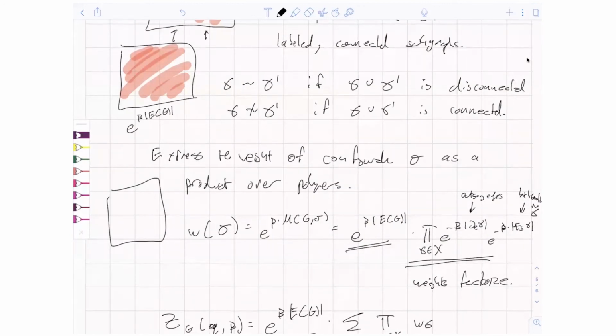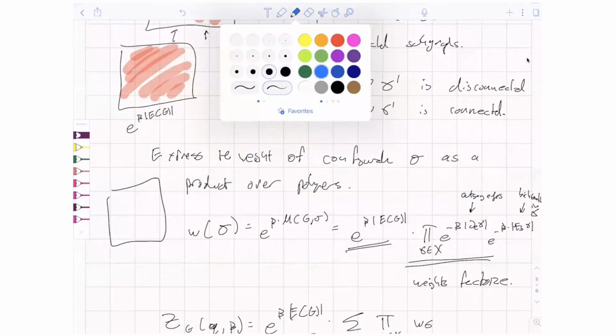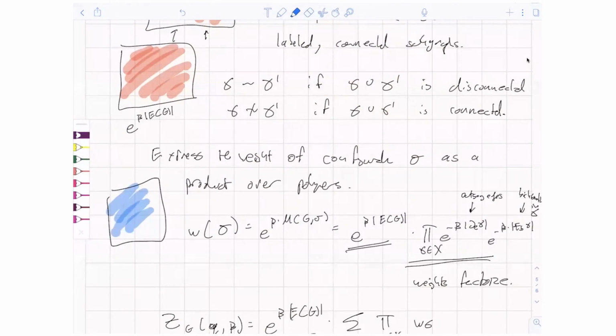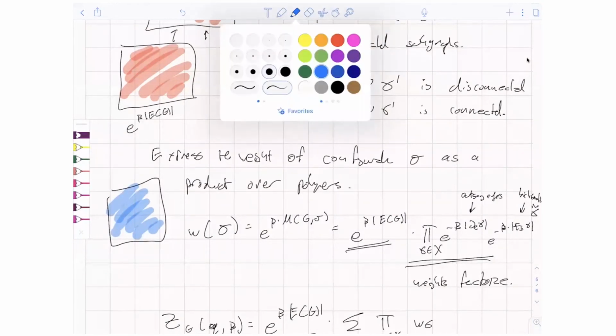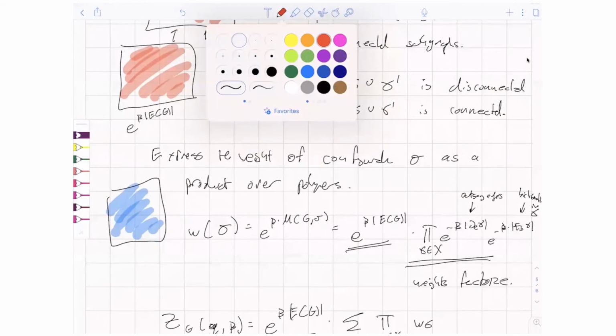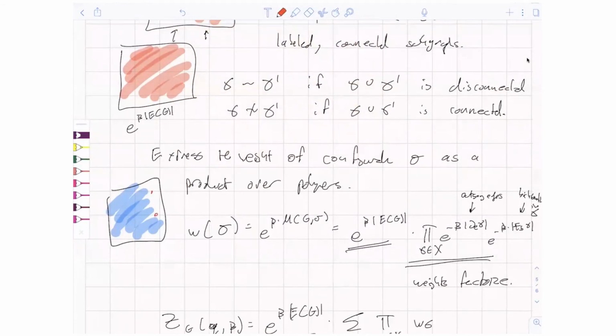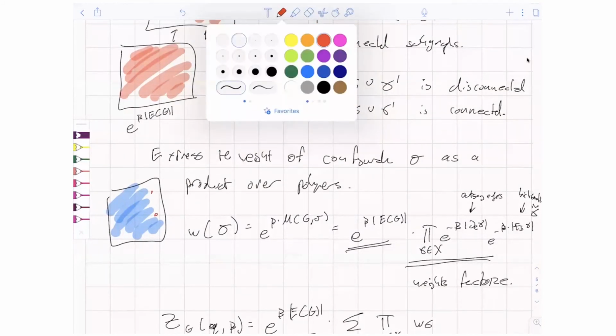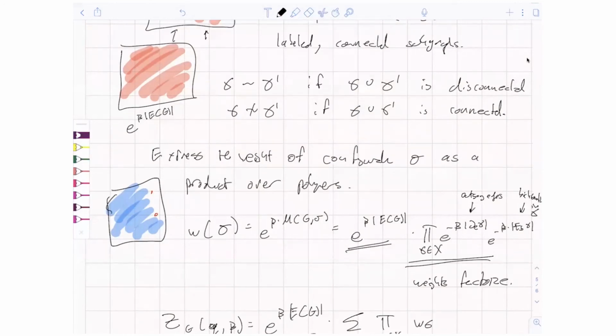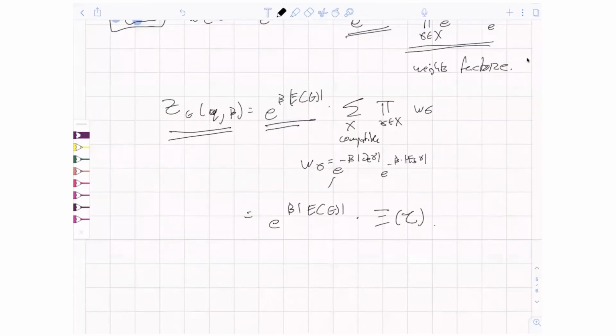So if this was your configuration and maybe there's a couple red vertices, the polymer in this polymer model would be enormous. It would be like this. And that doesn't really fit with the intuition that we had, that we want to think about the defects as being sparse and far apart and not influencing each other. And so really we should do something else.